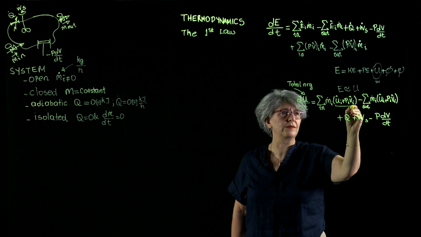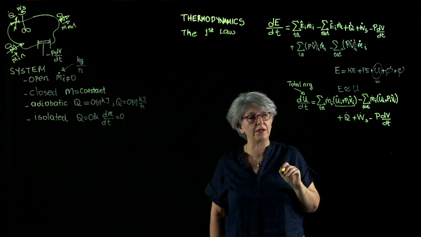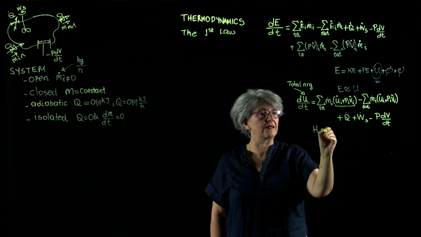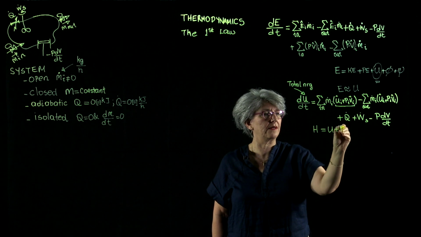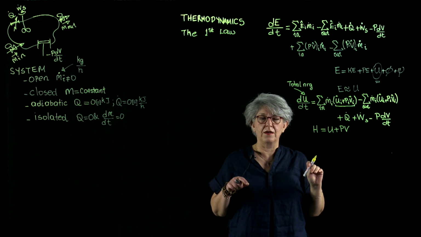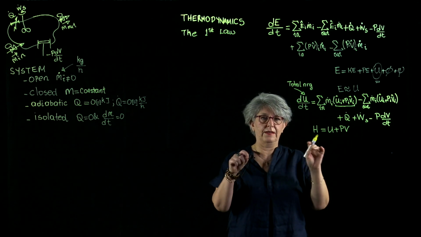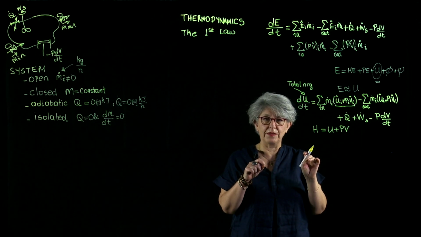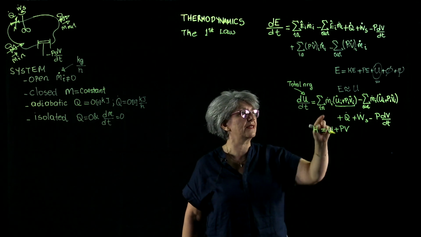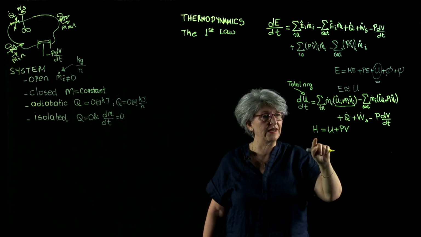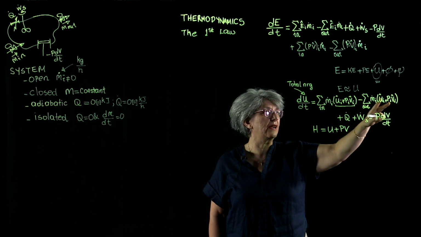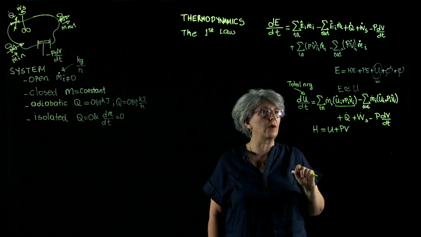Now this term has a new name. We call it enthalpy. H is U plus PV. For this session, we will just say that this is just a matter of convenience, that instead of writing 3 different letters, we are writing one single letter, and we represent the whole thing in one single word.